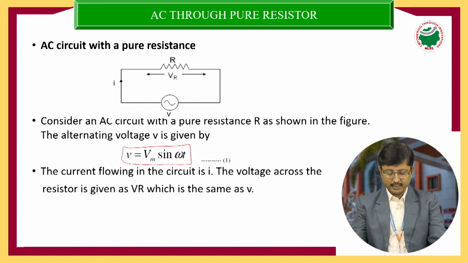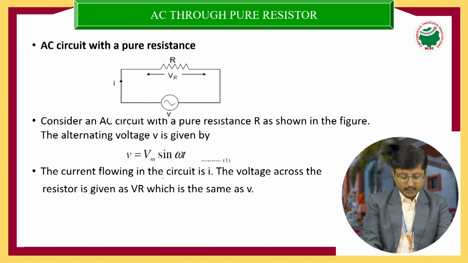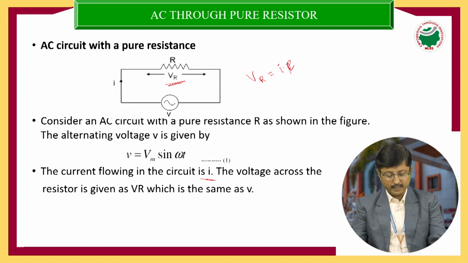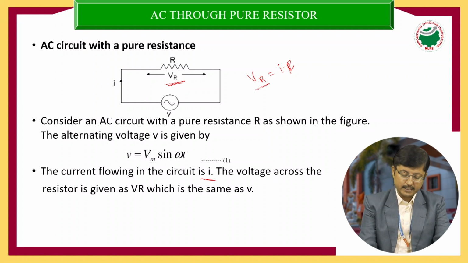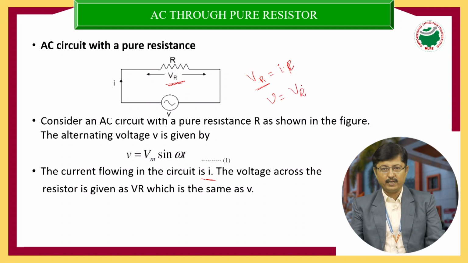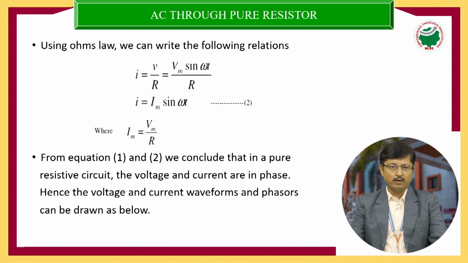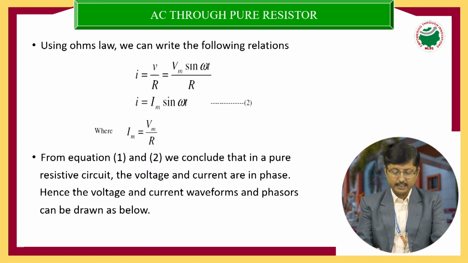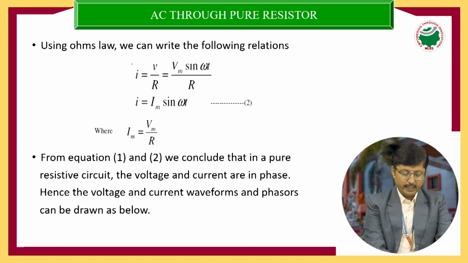The voltage across the resistor, that is VR, is given by I into R, which is the same as the supply voltage. So the voltage across the resistor is equal to the supply voltage. Using Ohm's law, the current flowing in the circuit is given as I equals V divided by R.